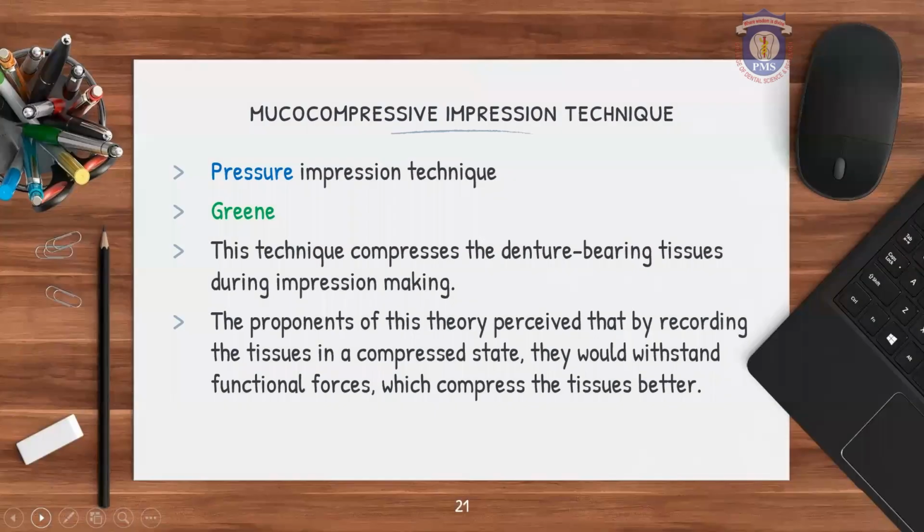Now the second one is mucocompressive impression technique, also known as pressure impression technique, proposed by Green. This is according to mucocompressive theory. This technique compresses the denture-bearing tissues during impression making. The proponents of this theory perceived that by recording the tissues in a compressed state, they would withstand functional forces which compress the tissues better.